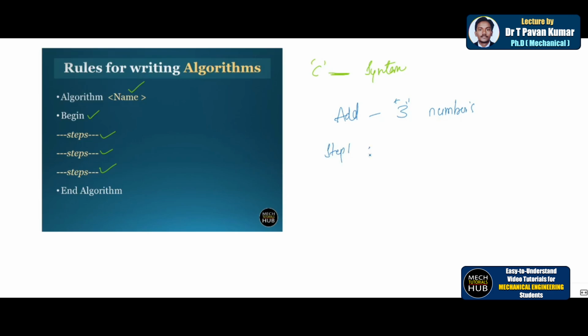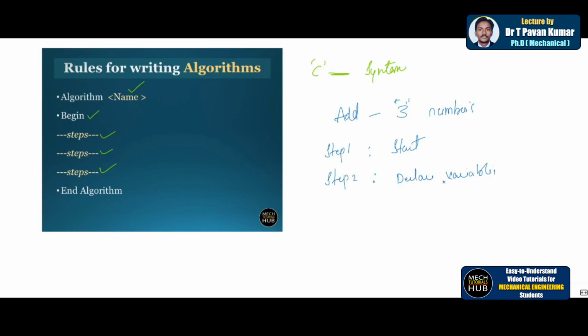Step 1: whatever algorithm you would like to write, initially it has to be started simply. Start. In the next step, I would like to declare the variables.